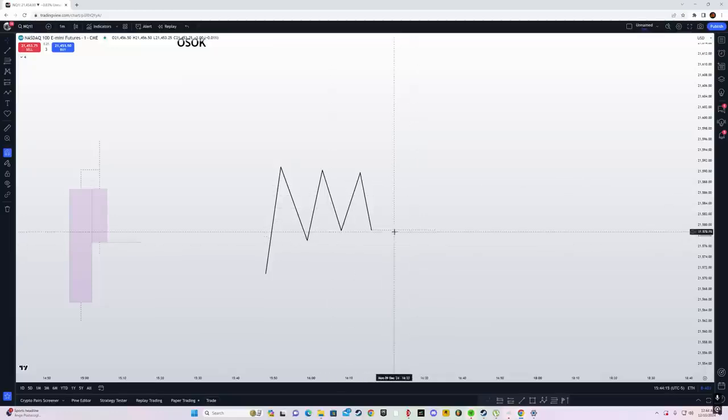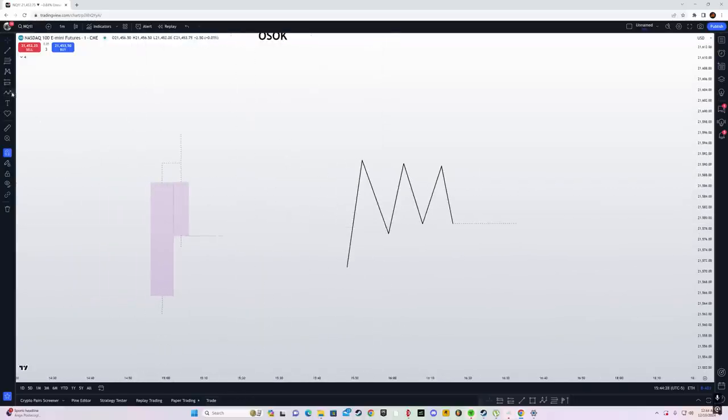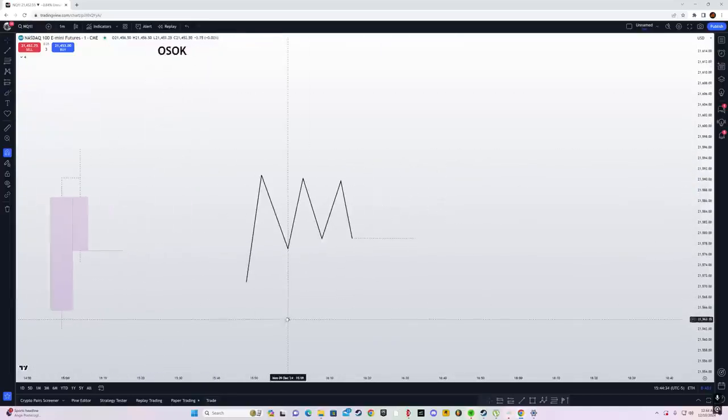Just be patient. This is the opening price of the third candle, and we have to look for liquidity to the left side of the third candle's opening price. Since our bias is bearish, because we failed to close above this high, our bias is towards this low and this low over here.